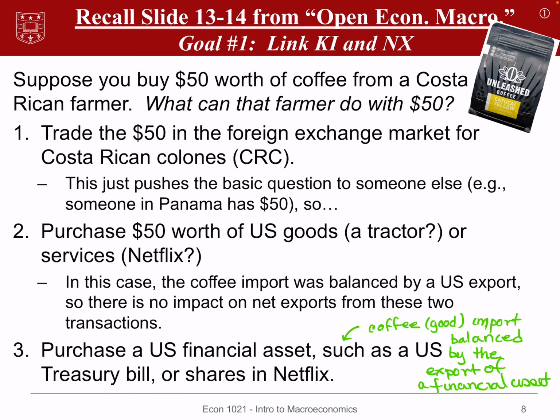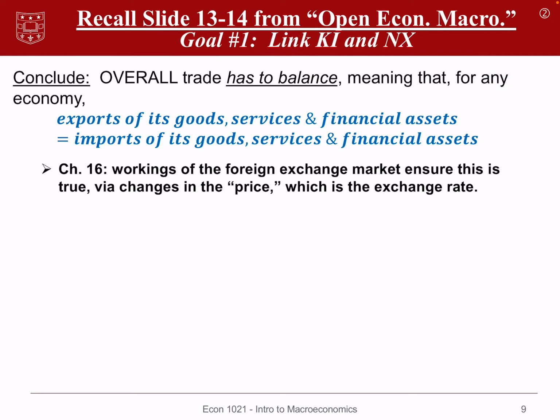And we use that to begin by saying, oh, well, what we can see is that overall trade has to balance, meaning that for any economy, the total of its exports, so exports of what? Of goods and services on the one hand, and financial assets, has to be equal to its total imports.